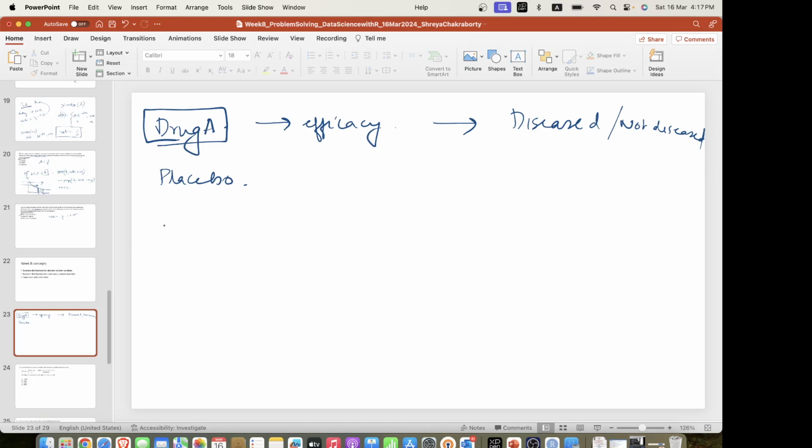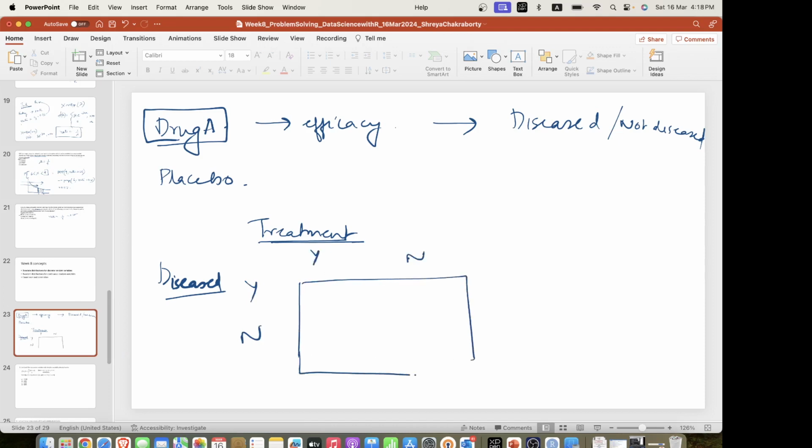So if I have two variables that I want to look at simultaneously, the treatment and whether they are diseased or not, disease yes no, treatment yes no, then the table that I have like this is usually what we call a contingency table. This is a 2 cross 2 contingency table.